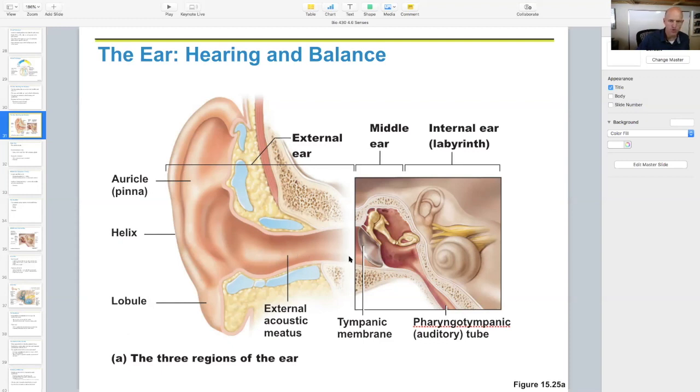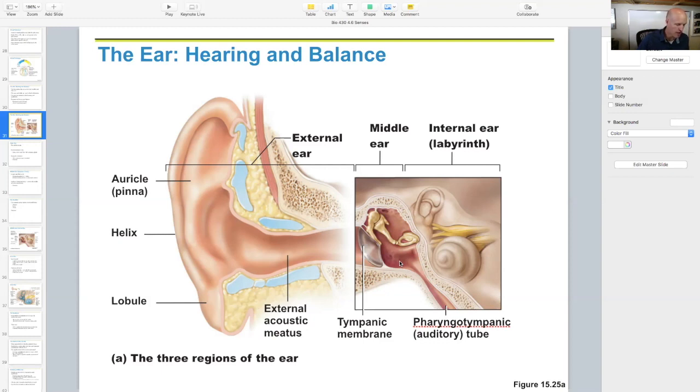And then we come to this middle ear. The middle ear is separated by this tympanic membrane. So the tympanic membrane separates the external from the middle ear. The middle ear is an area that's filled with air. This is not fluid in here.